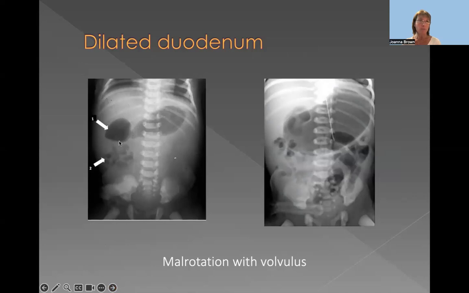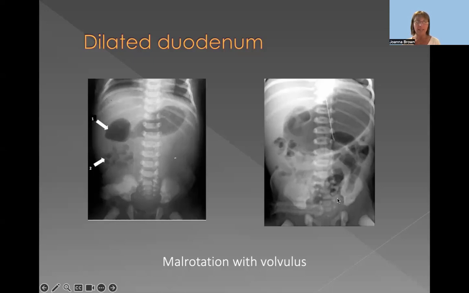Again, you have the double bubble sign with the dilated stomach and duodenum, and loops of small bowel visible distally. But look at the position of the loops of the small bowel. They are all located on the right side of the spine with no bowel loops visible on the left side. In this X-ray, you can see all of the loops of the small bowel on the right side of the spine, with dilated colon visible on the left.